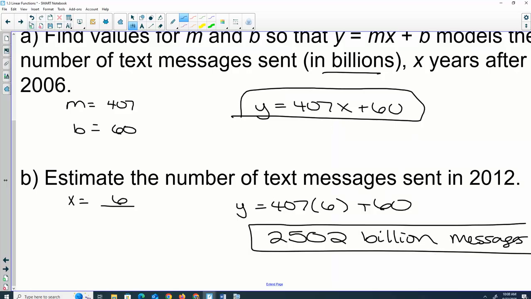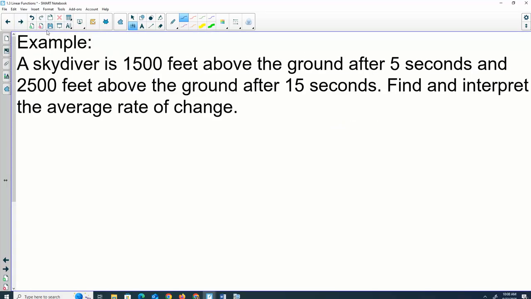Let's look at this problem. A skydiver is 1,500 feet above the ground after 5 seconds and 2,500 feet above the ground after 15 seconds. Find and interpret the average rate of change. Okay. What's another word for average rate of change?